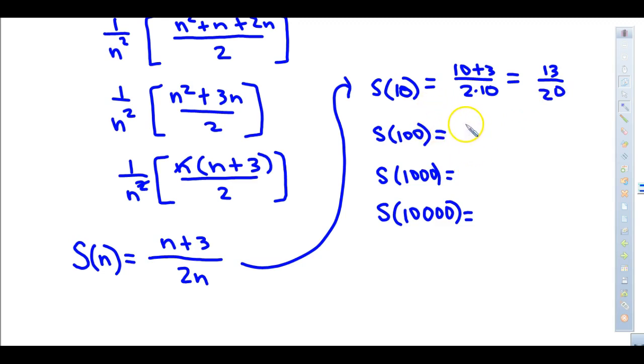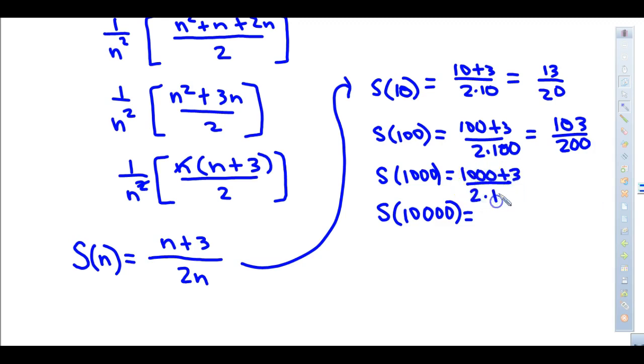And then I can put 100 plus 3 over 2 times 100. So that gives me 103 over 200. And then I can do 1,000 plus 3 over 2 times 1,000.